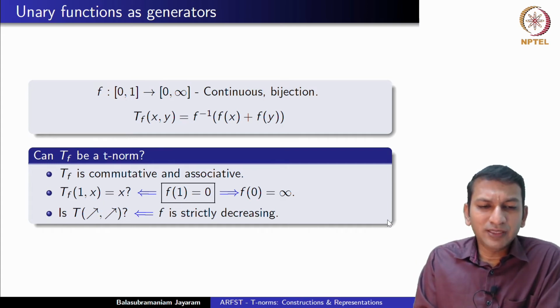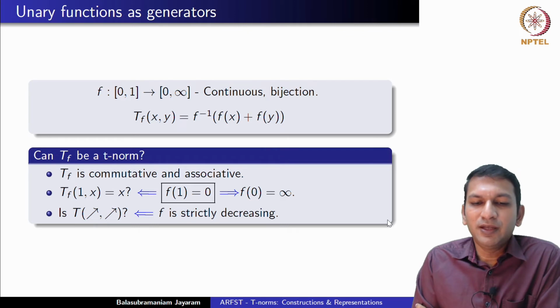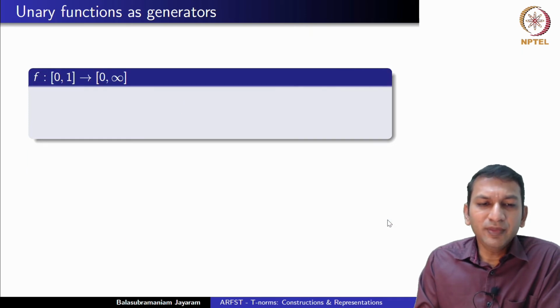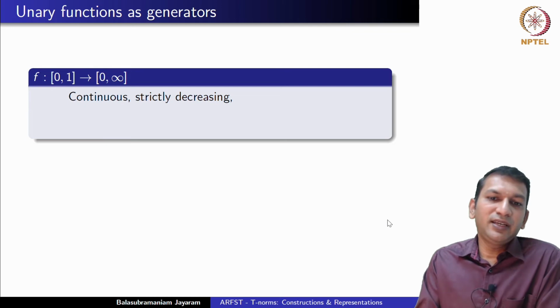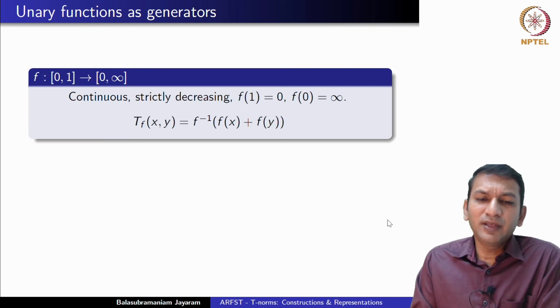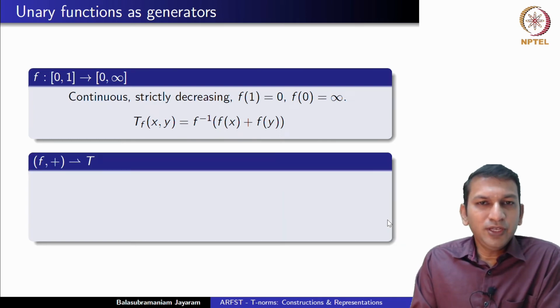So if we have all these things, we have monotonicity, identity, commutativity and associativity, which means we can get a t-norm. So we start with the function f, which is continuous, strictly decreasing, f of 1 is 0 and f of 0 is infinity. And we define the function tf like this. Now notice one thing.